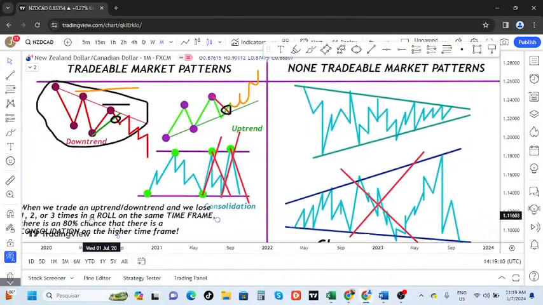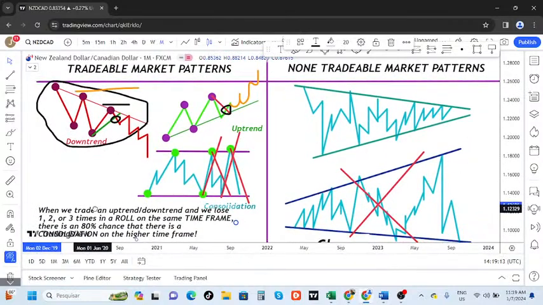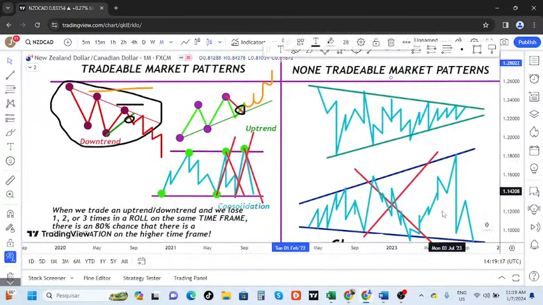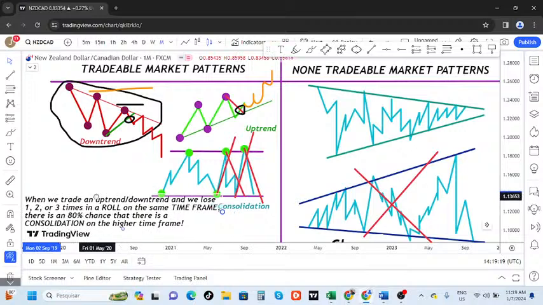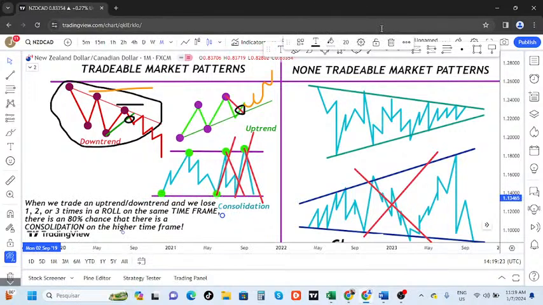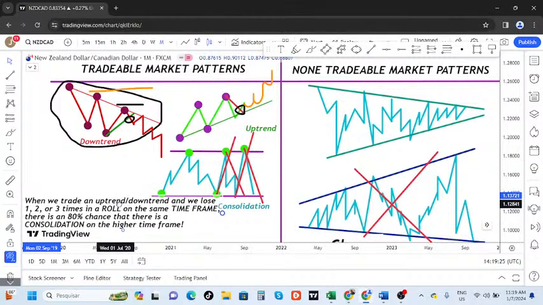I think I have messed with it. Let me do it this way. Okay, right here. Like this. So you want to take a picture of all of this stuff.